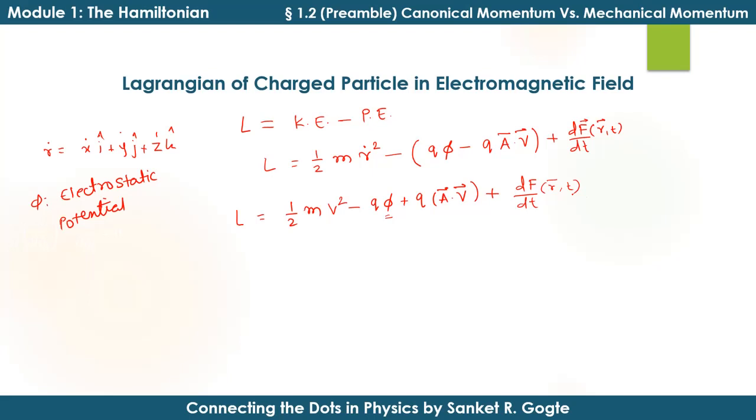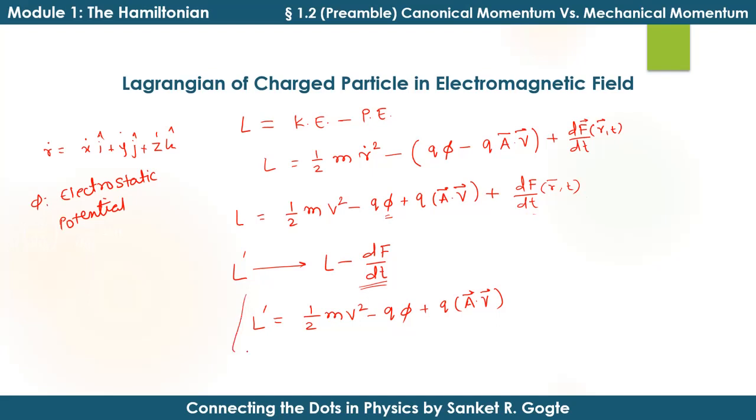But now I'll make a transformation and change the Lagrangian to L minus df by dt. So therefore L prime is equal to 1 by 2 mv square minus q into phi plus q into A dot v, since I am subtracting df by dt and here I have plus df by dt.